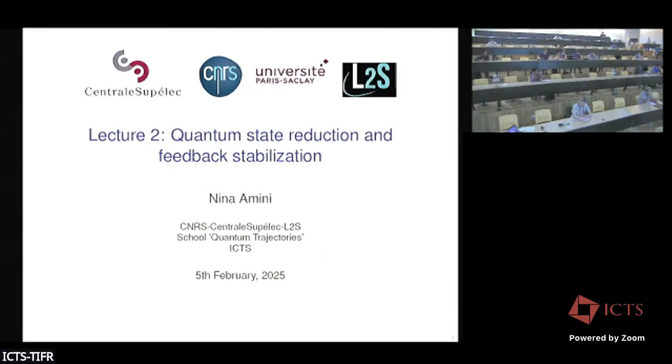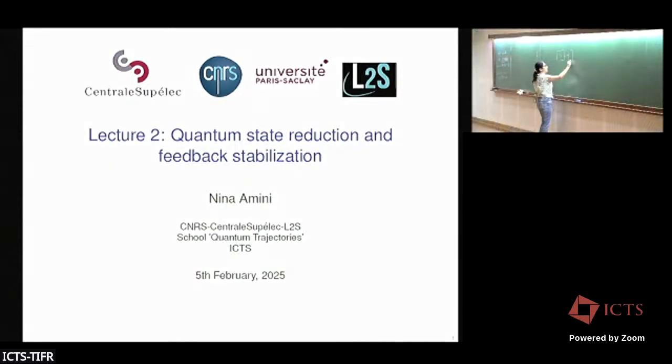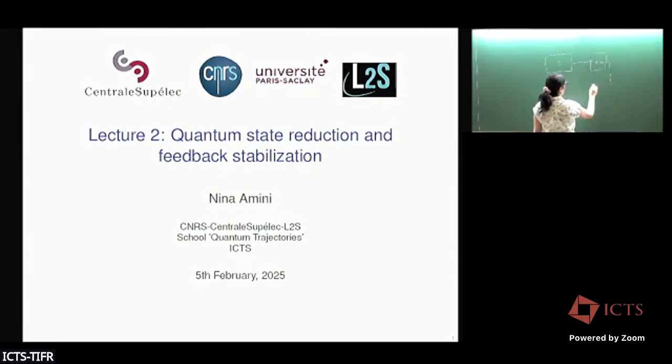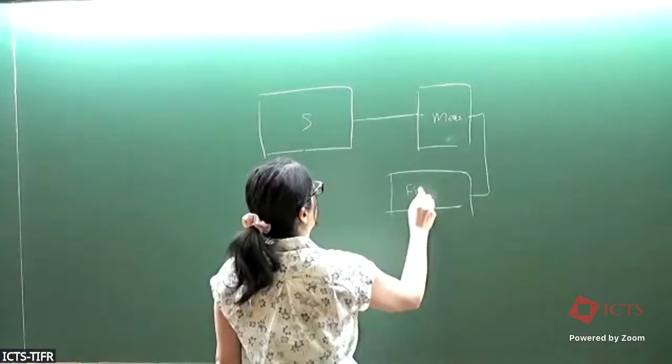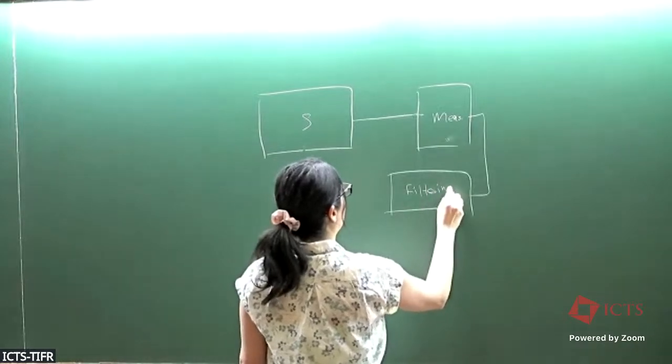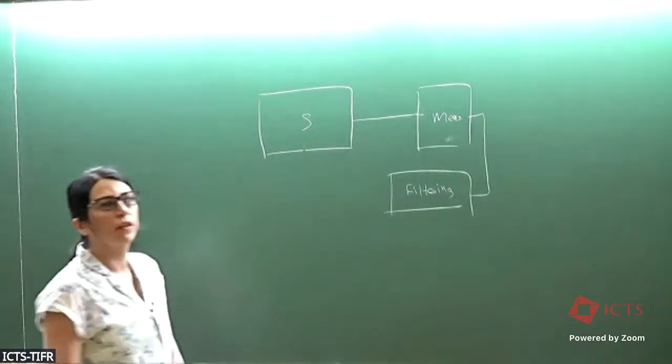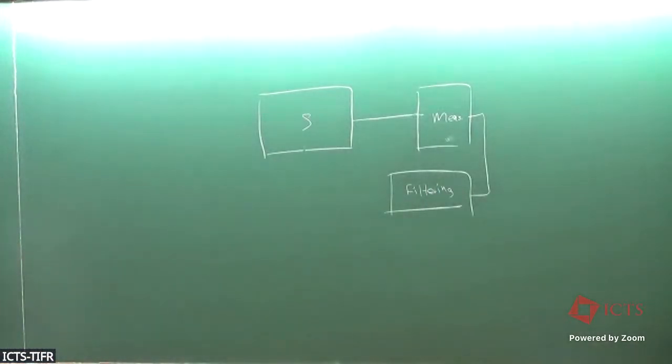In fact, if you remember, you have a quantum system. So for the feedback, you have some measurement, okay? And here I talk about the filtering, which is an estimation of the state of your system.